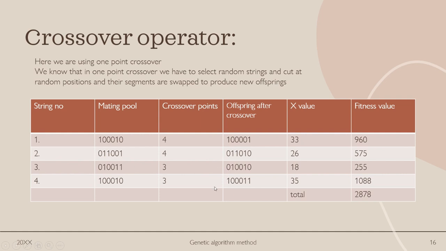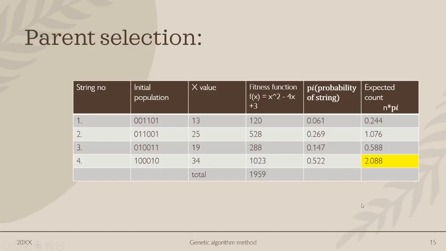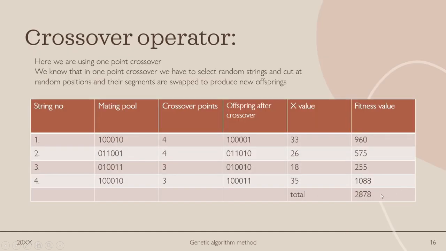So these are the final offsprings after crossover. If we find the x values of the new offspring population and the fitness values, we will observe that the total fitness value has increased.